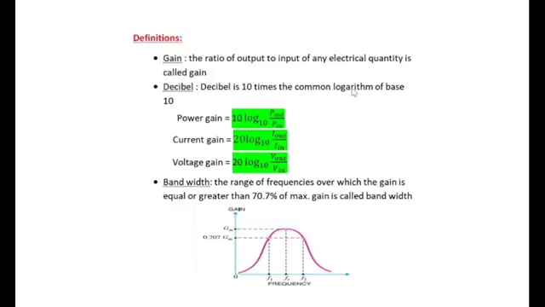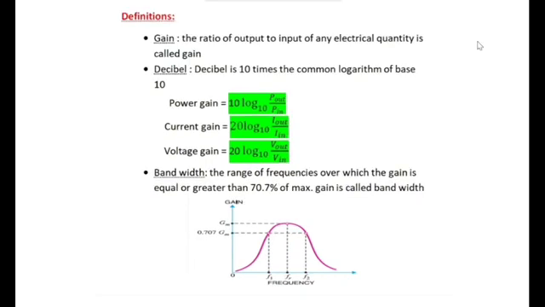Now we have to learn some definitions which are required to understand and classify the different coupling circuits. The first one is gain. Gain is nothing but the ratio of output to input of any electrical quantity.